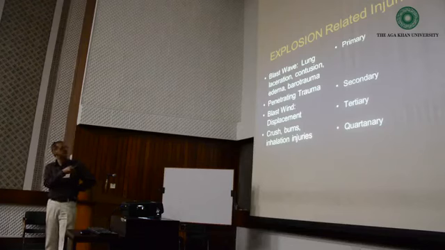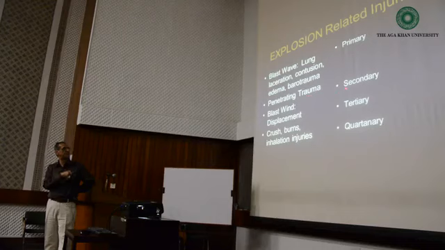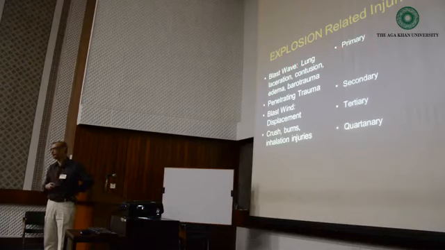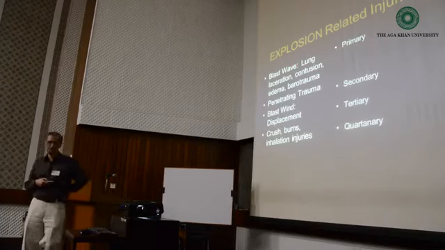The main effect is by the blast wave, the various structures, the metallic things, shrapnel, everything, they cause penetrating trauma, which is secondary. The blast wind, tertiary; crush, burns, and these are quaternary. So all this range of injuries can happen with explosion-related injuries.